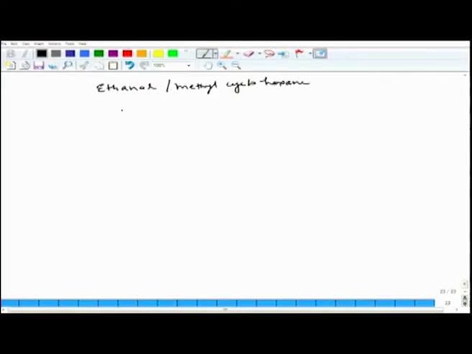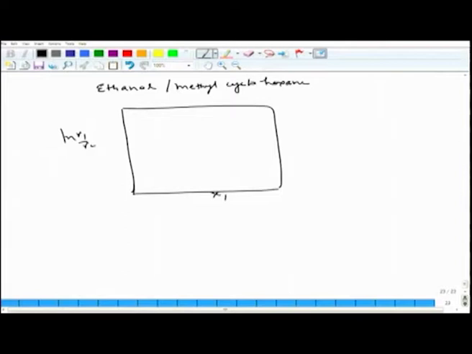So here you have this ln gamma 1 by gamma 2 versus x1. It's a complex shape as well as the hydrogen bond. In this case, you need 4 parameters, and the way the data looks like is this. So there are 4 parameters.